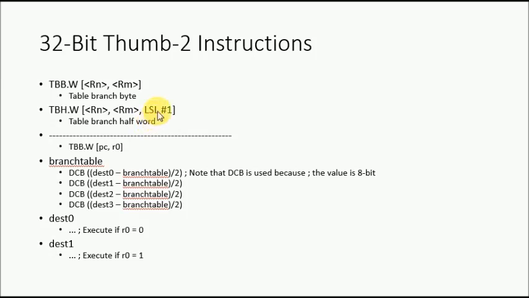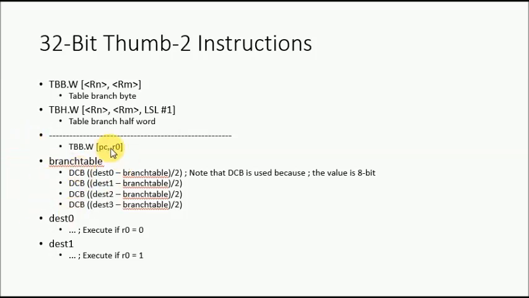If I execute the instruction TBB.W [PC, R0], at this position the content of the program counter is added with the offset R0, and that will calculate some value here. So this is the branch table.